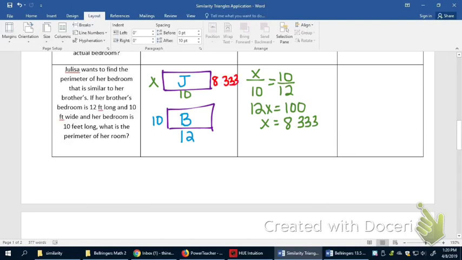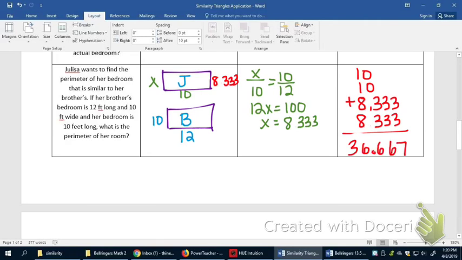So if all I want to know is her perimeter, then I'm going to take 10 and add it twice, and then I'm going to take the 8.33 and add it twice. And then that right there should be the perimeter. It's 36.667 if you want to do that.